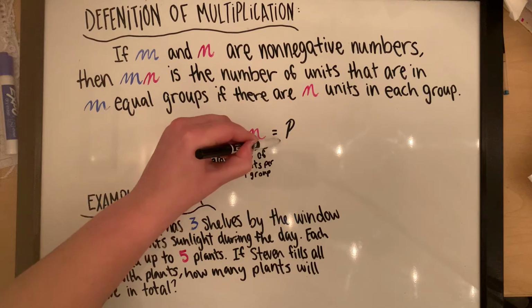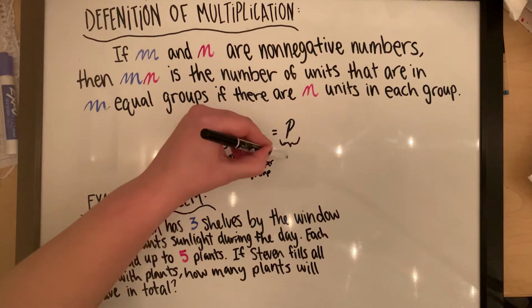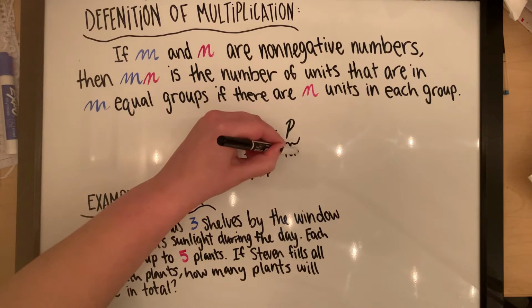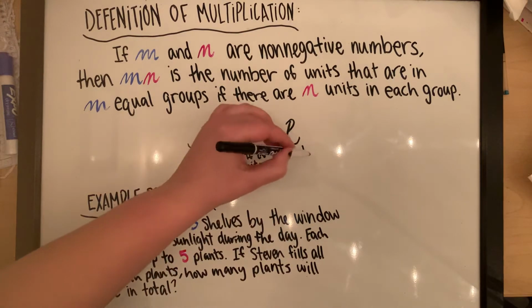And then our p value, our product, is going to be the total number of units in all groups.